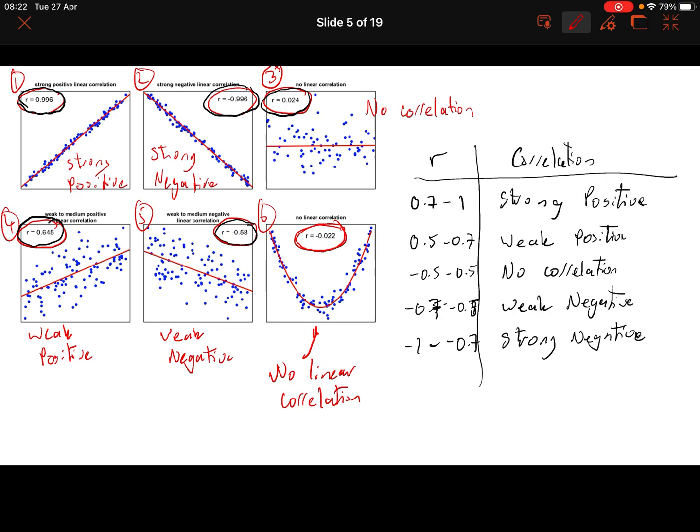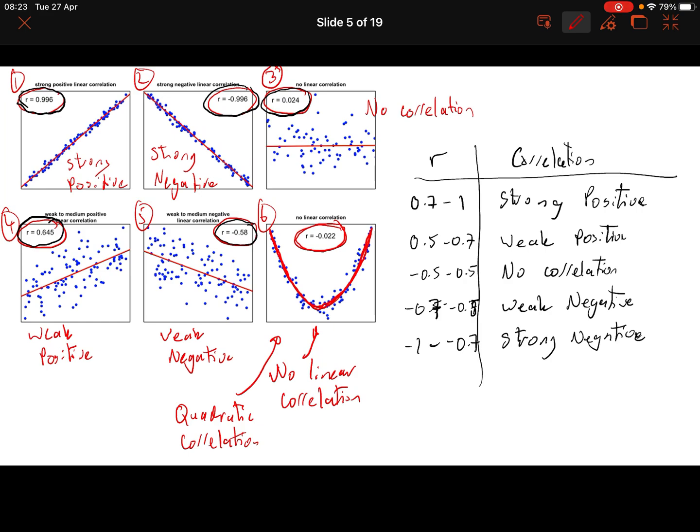However, just because there's no linear correlation doesn't mean that there is no correlation. We can see here there is a correlation. In fact, this has a quadratic correlation. We could use a quadratic model here and it fits really, really well. It's not linear, but there is a relationship.